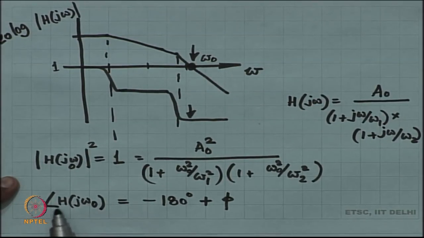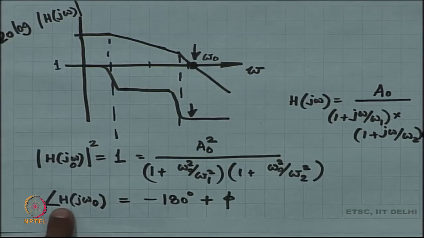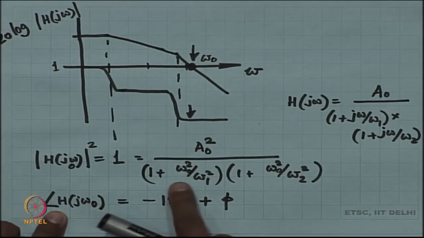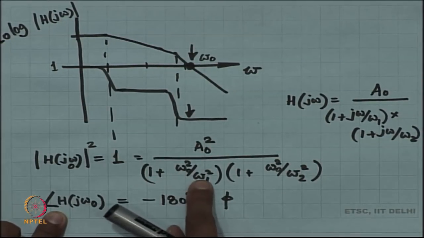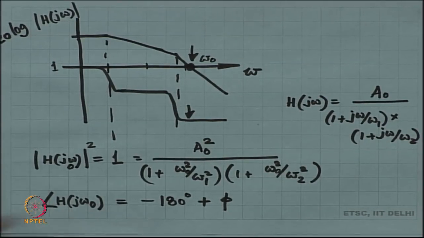The next criterion was that angle of h of j omega naught has to be phi degrees more than minus 180 degrees to get a certain phase margin. And then we took the cosine of both sides. The angle of h of j omega is minus tan inverse of omega naught by omega 1 minus tan inverse of omega naught by omega 2.